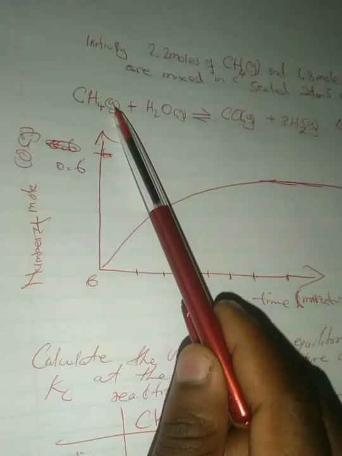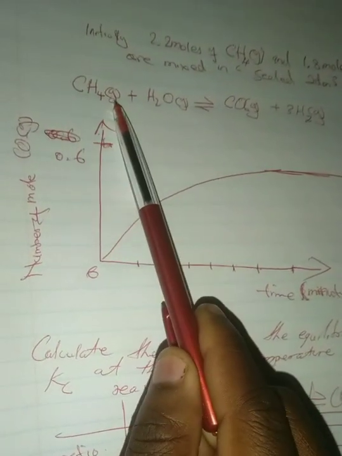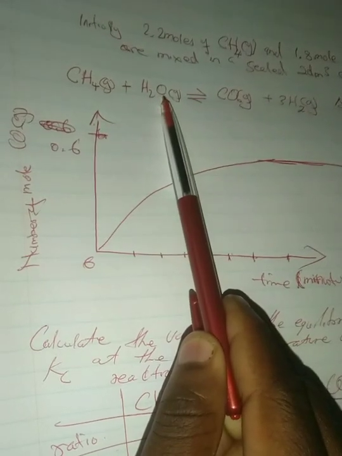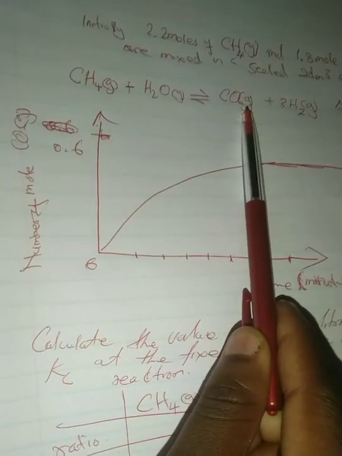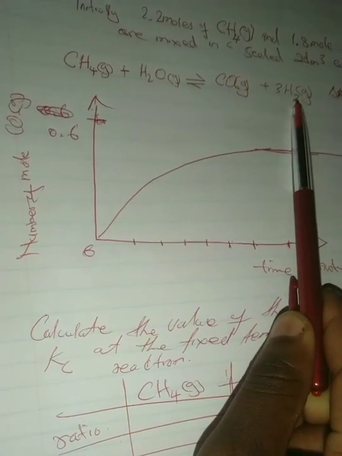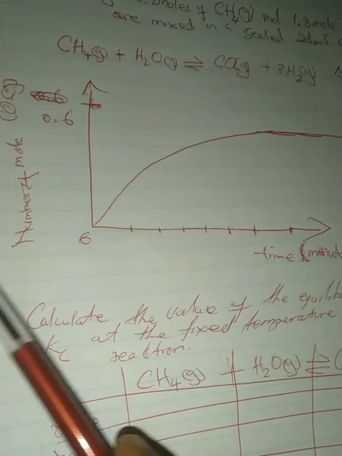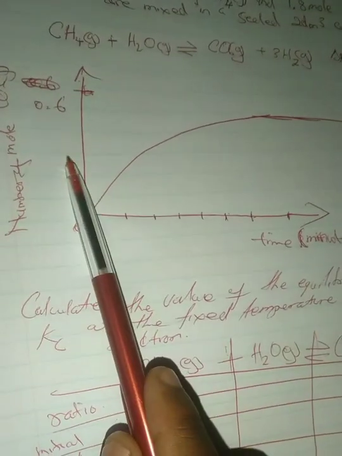The balanced chemical equation is CH4 gas plus water gas giving carbon monoxide gas and hydrogen. In this case, they gave us the graph.